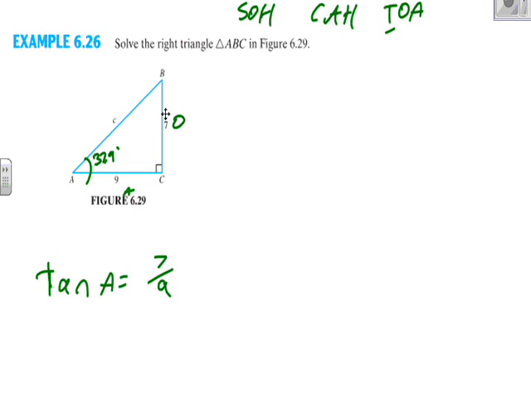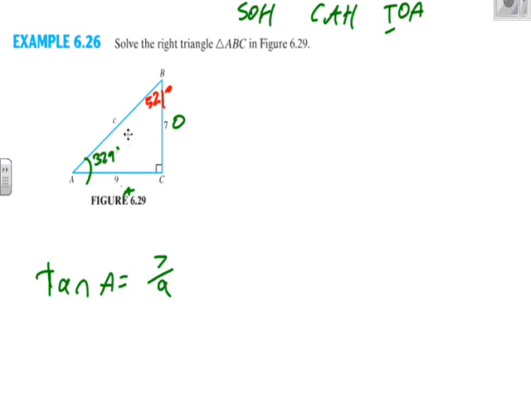So we can find the other angle by subtracting from 180 the 90 degrees and the 37.9. And we get 52.1 degrees.